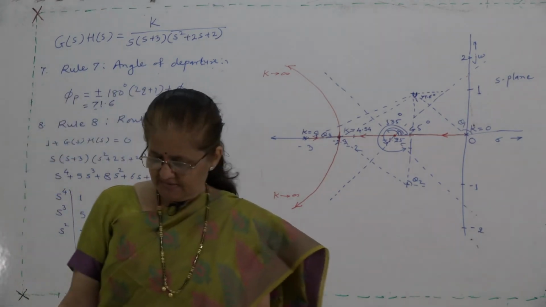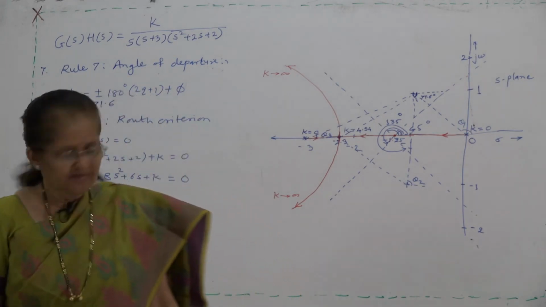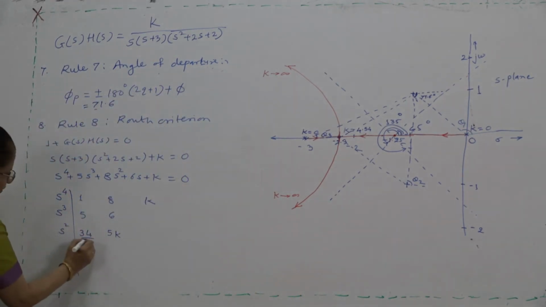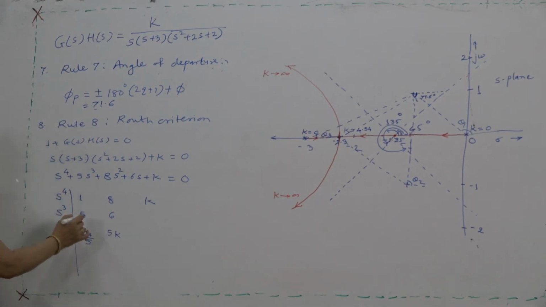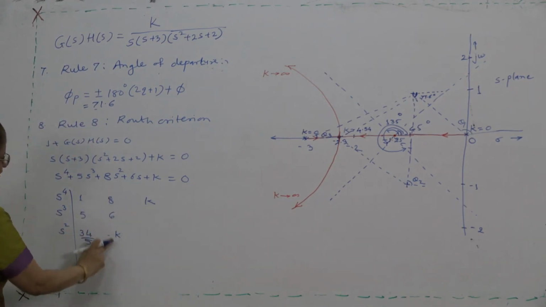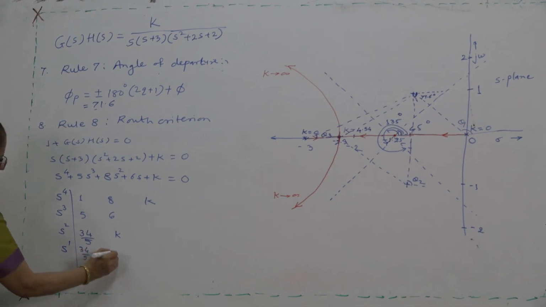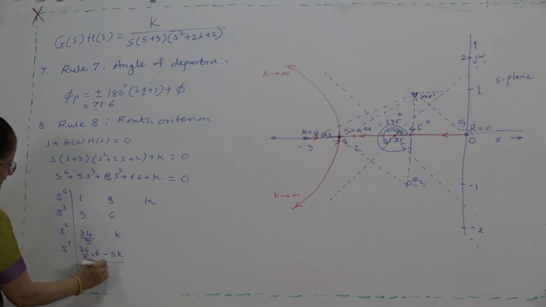We know it, write the Routh array. s raised to 4: this is 1, 8, K. s cube is 5, 6. s square will be 40 minus 6, so 34, and here 5K.